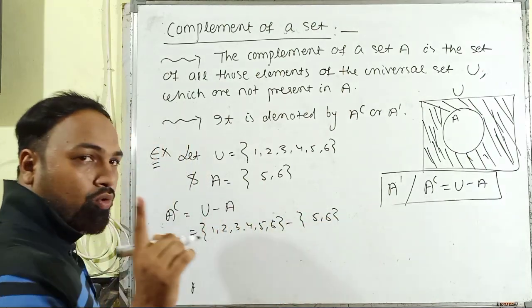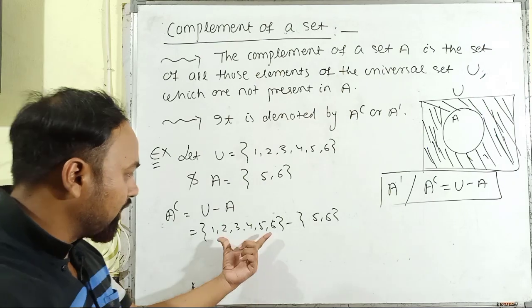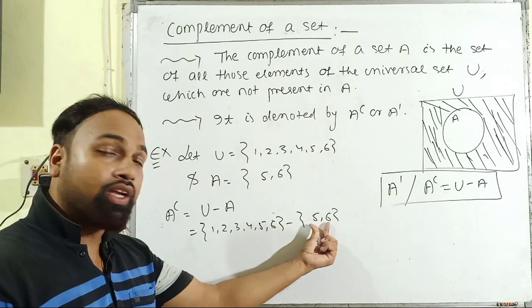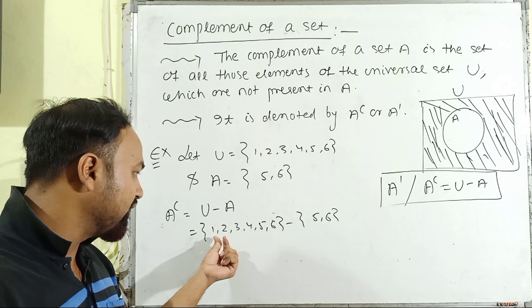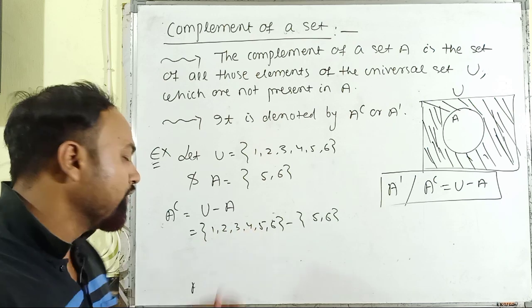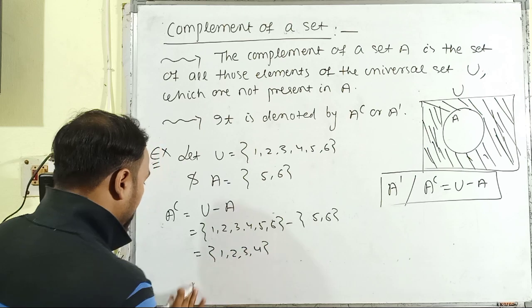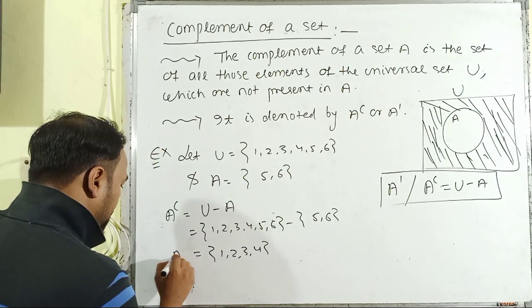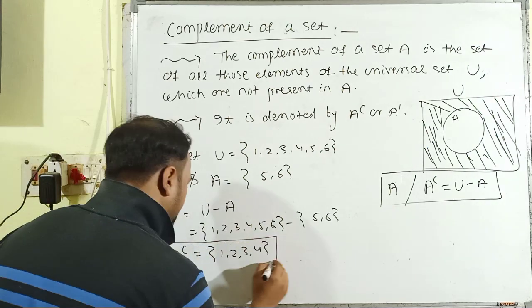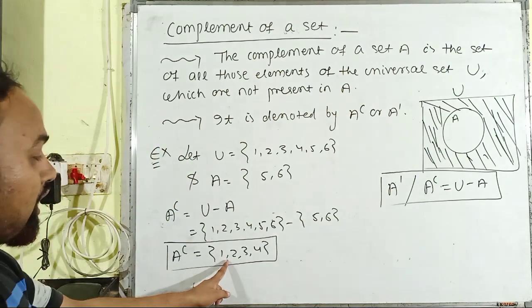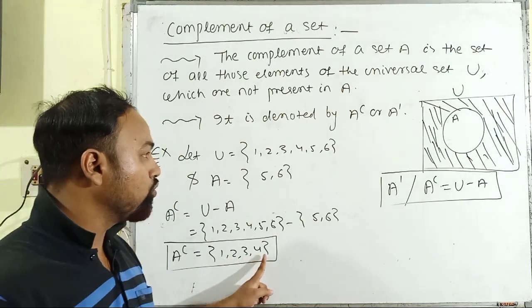We have to find only those elements of the universal set which do not belong to the set A. That means those elements are 1, 2, 3, 4. So the final answer, the complement of the set A, is the set containing the elements 1, 2, 3, 4.